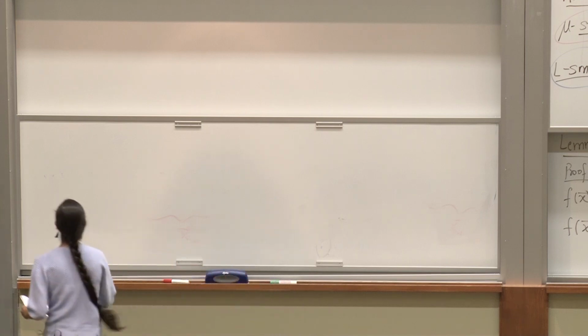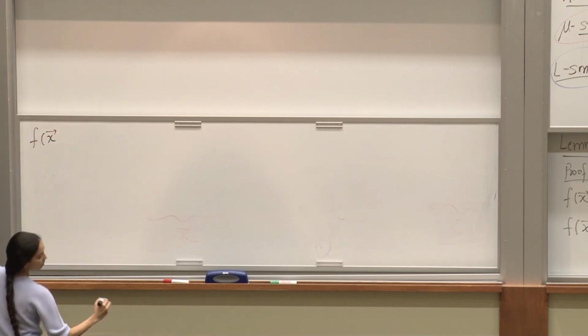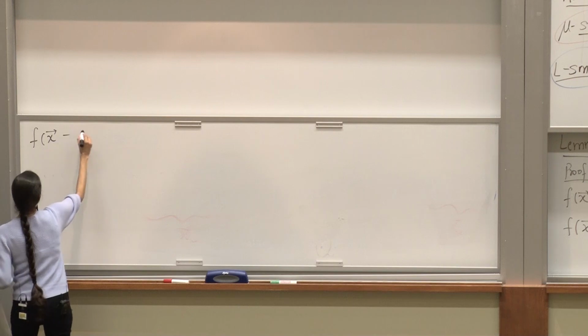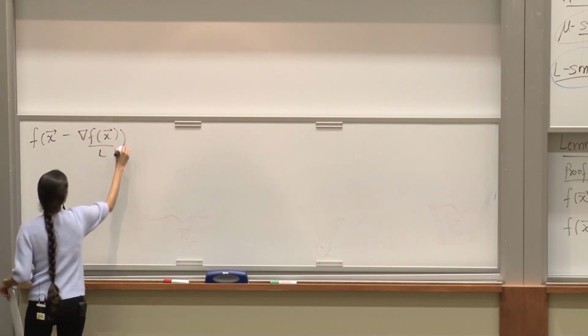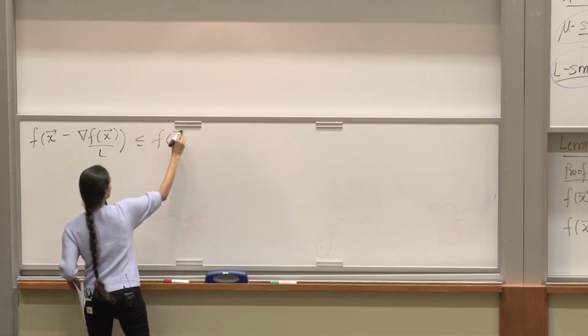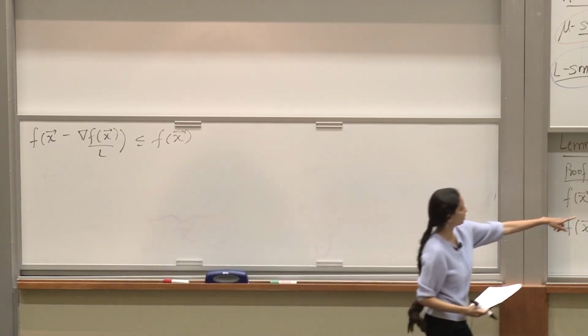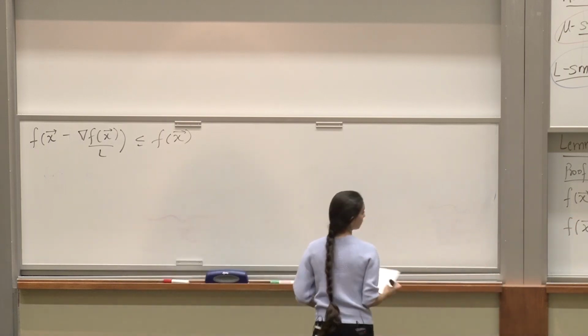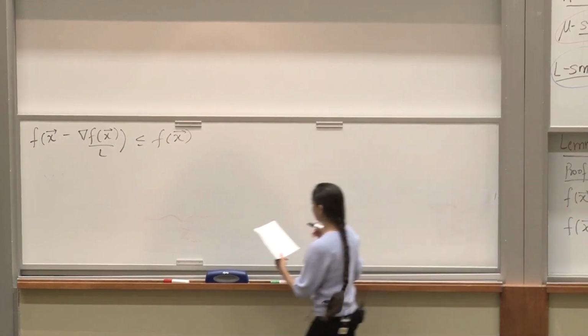I'm going to write this term over here again: f of x minus gradient f of x divided by L is less than or equal to f of x. This thing is now just the norm of the gradient, which is exactly the term we wanted.